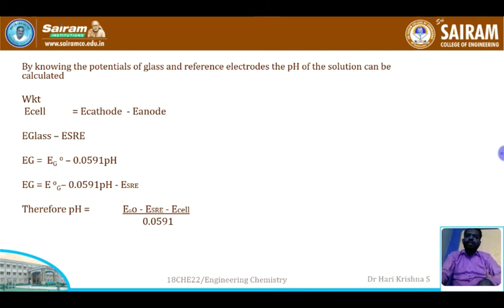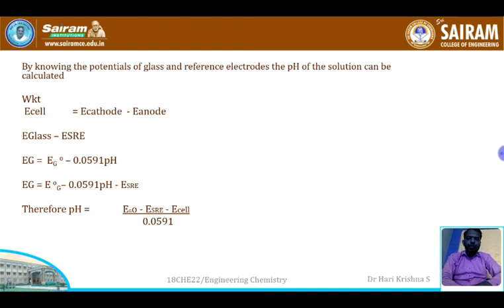Therefore pH equals (E g naught minus E calomel minus E cell) divided by 0.0591. Then we substitute the standard electrode potential of the glass electrode, the potential of the calomel reference electrode, and the measured E cell, and dividing by 0.0591, we get the pH.